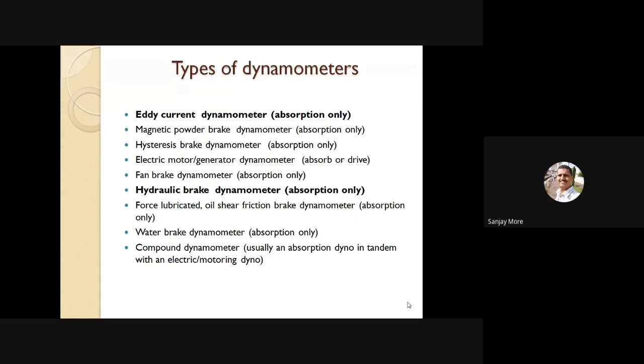The next, electric motor or generator dynamometer. Next, fan brake dynamometer. Then hydraulic brake dynamometer.